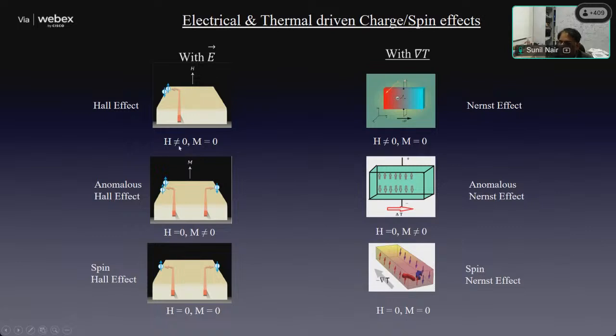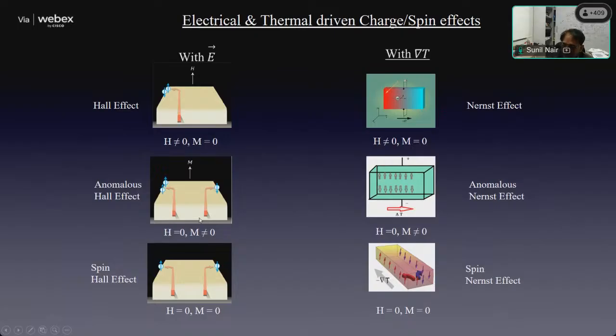So that means you have a finite H, H is not equal to zero. You have a finite magnetic field. This is a non-magnetic system, so magnetization is zero, and then you get a Hall effect. Now, if instead of a non-magnetic system, I was looking at a magnetic system, then I get something which is known as the anomalous Hall effect. That means that the magnetization is now non-zero.